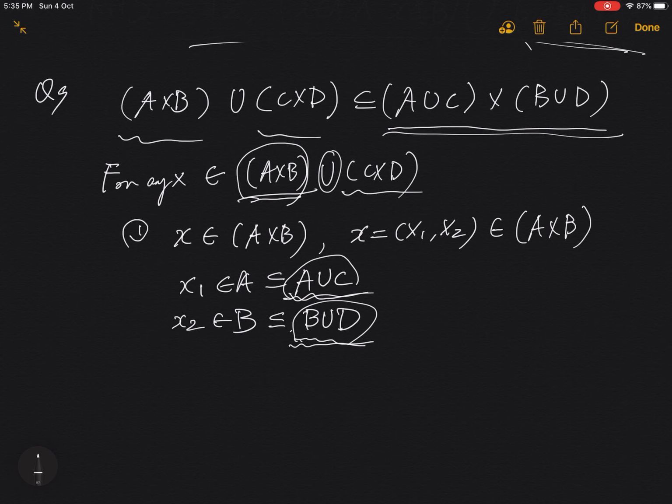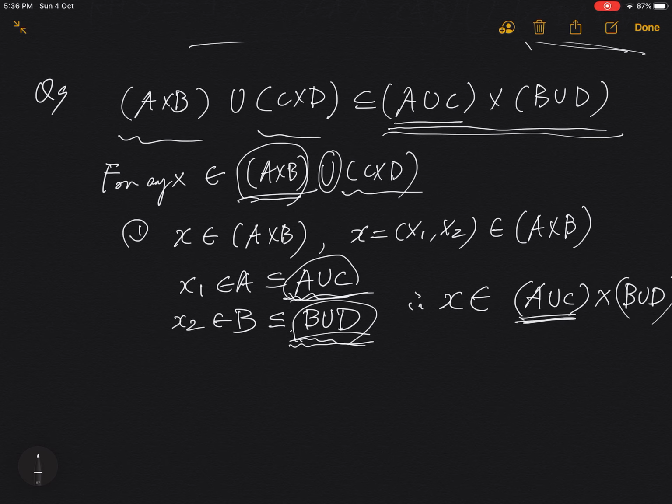So if we have the union of set A and C, then we can create the link, and also the same thing. So this means x is in A union C times B union D. Since x1 could be in this set and x2 could be in this set.